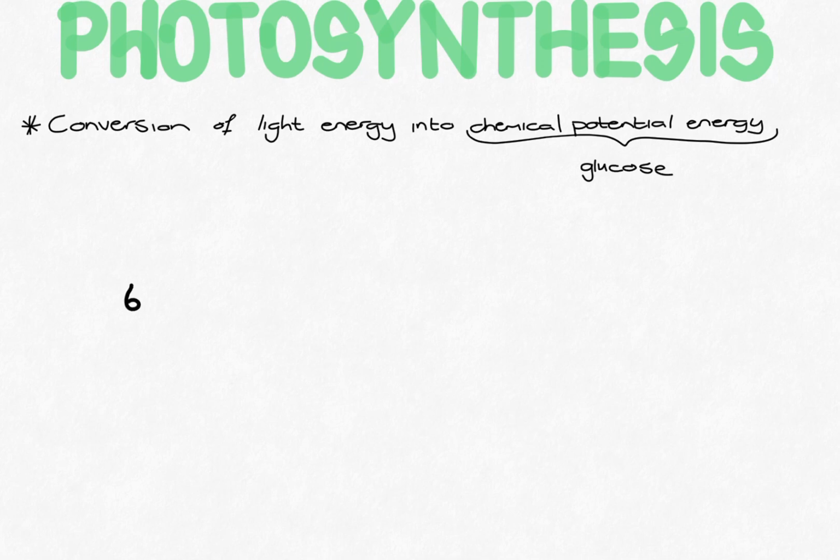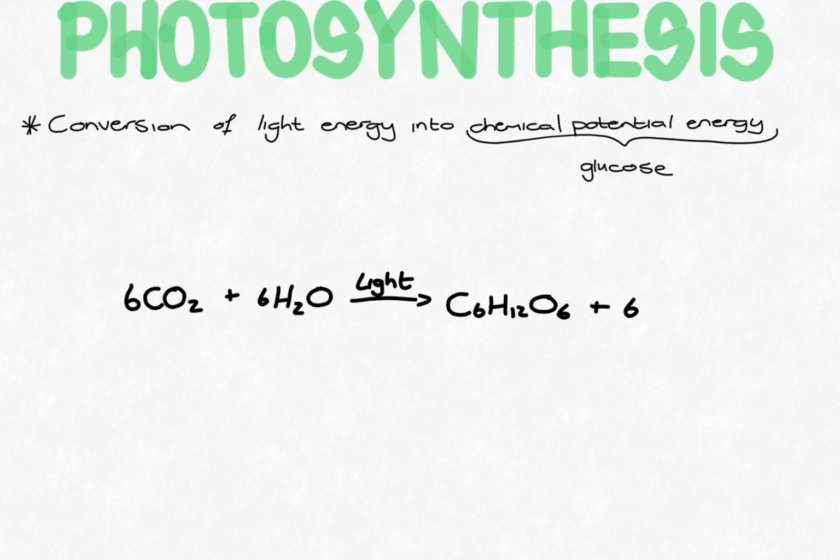Now, the balanced chemical reaction for photosynthesis that we need to know is 6 carbon dioxide molecules plus 6 water molecules will give us 1 glucose molecule, which is C6H12O6, and 6 oxygen molecules.